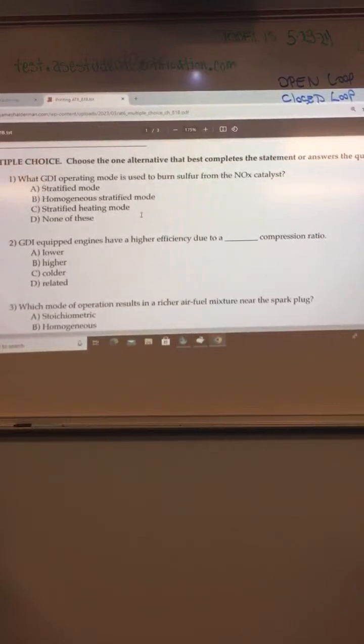Let's see what we got here. There it is. Fuel pressure regulator.